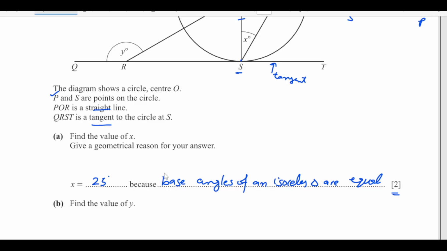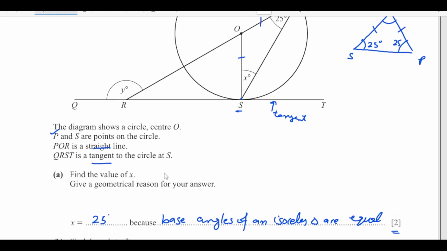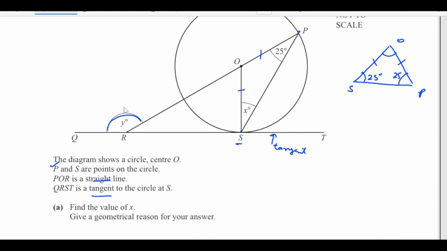Find the value of y. Now, we are looking for the value of y. Our y is here. So, now how can we work? We are given that this is a tangent. So, there might be a role of this and this straight line. This angle is going to be 90 because it is the angle between the radius and the tangent.